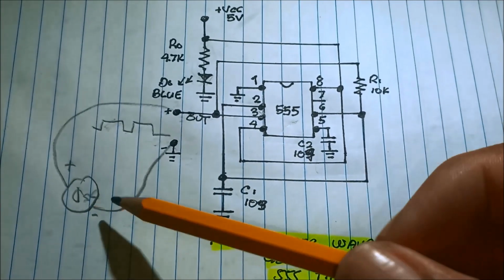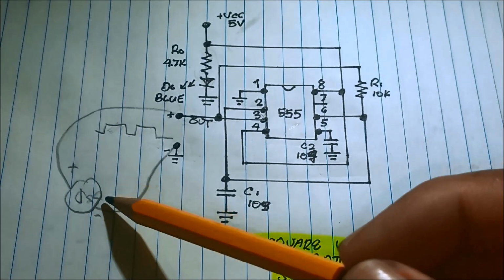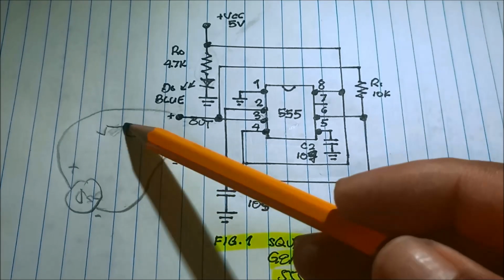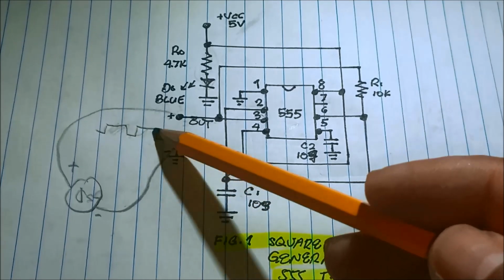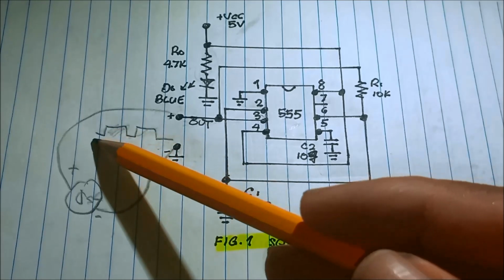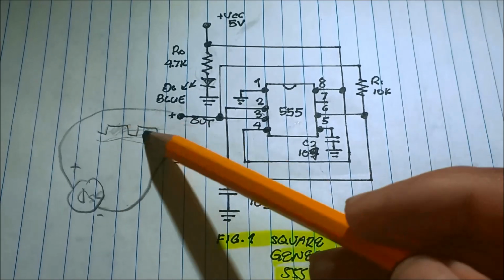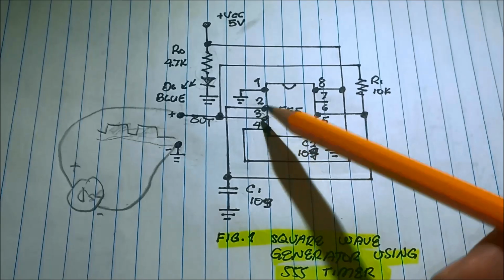Positive, negative of the oscilloscope. And we have this square wave, rectangular waveform output from pin number 3.